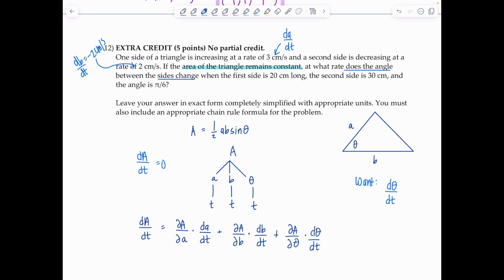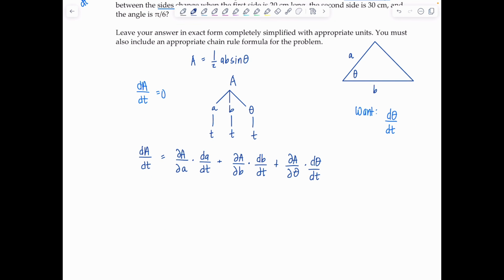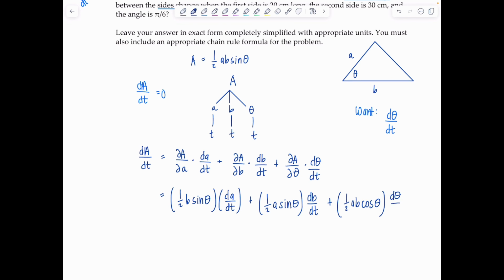So let's come through and take all these partial derivatives. So ∂A/∂a would be 1/2 b sine theta, and then I'll just leave this da/dt, plus similarly the partial of area with respect to b would be 1/2 a sine theta times db/dt, plus, now it's interesting, ∂A/∂theta would be 1/2 AB cosine theta times d theta/dt.